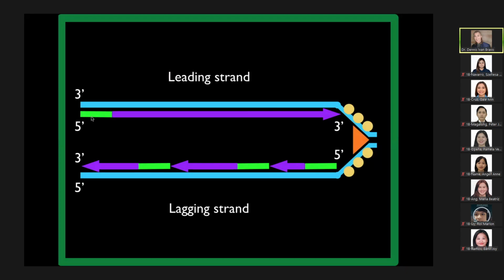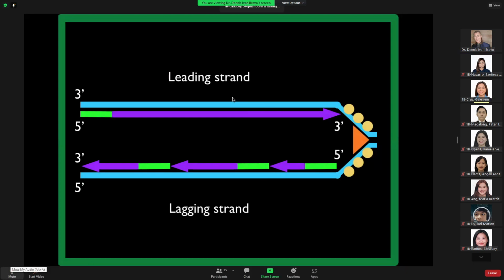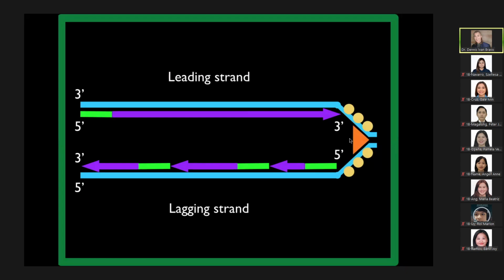What is the direction of polymerization for the leading strand? 5' to 3'. That's right. Is the process continuous or discontinuous? Continuous. Okay, and what is the direction of growth? Towards the replication fork or away from the replication fork?